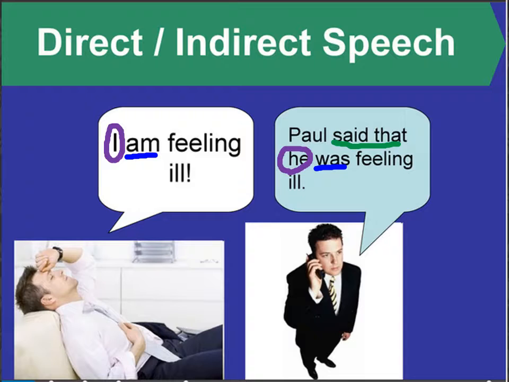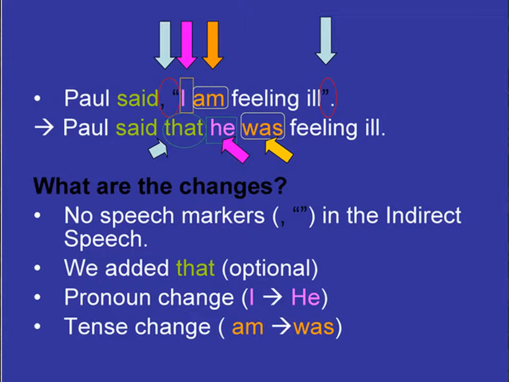And before we make these changes, we said what? Said that. Paul said that. Here, Paul said. Notice that we have what here? We have a comma, quotation marks.